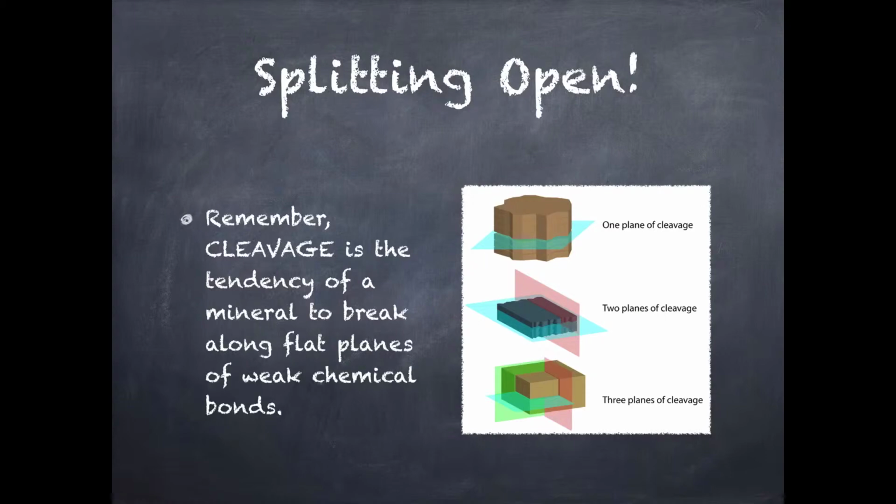So basically, if there's a lot of bonds, it's not going to split along that line. If there's only a few bonds, especially when we showed the models up front of the class, it's going to split along those lines. So different minerals will have different split lines. Look at the picture and you can start to get an idea.